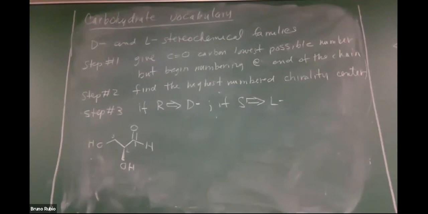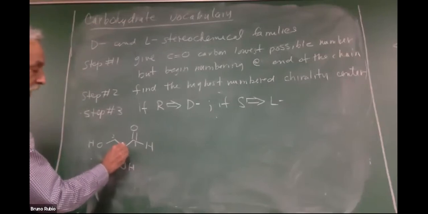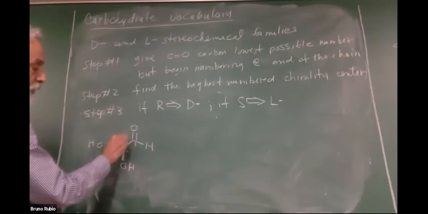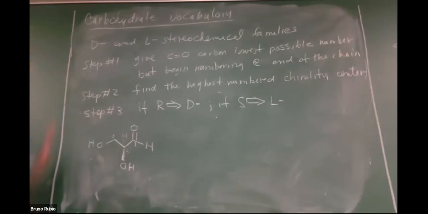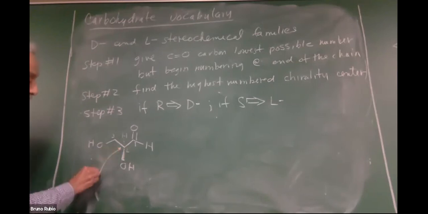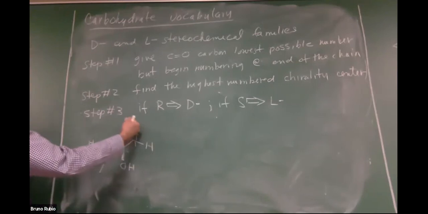I think it's going to be S, right? Because we have a hydrogen here, and that hydrogen lives on a dash. It's in the back. That's exactly where we need it to determine R and S. So this guy has OH, 1, 2, 3.